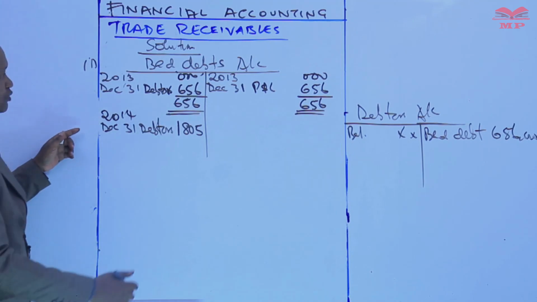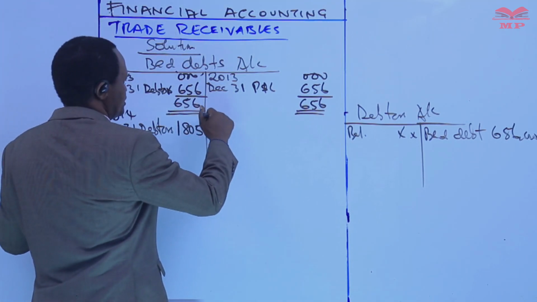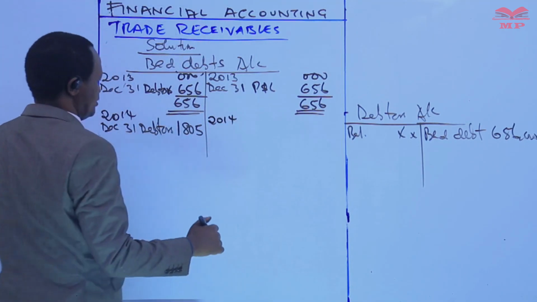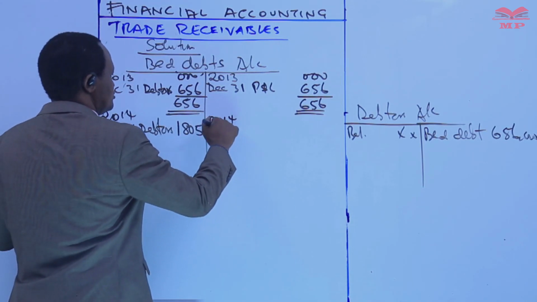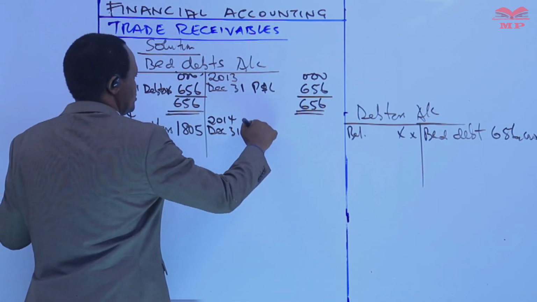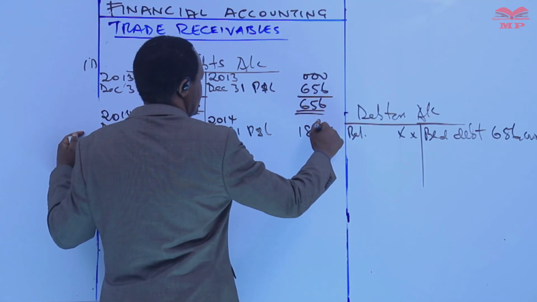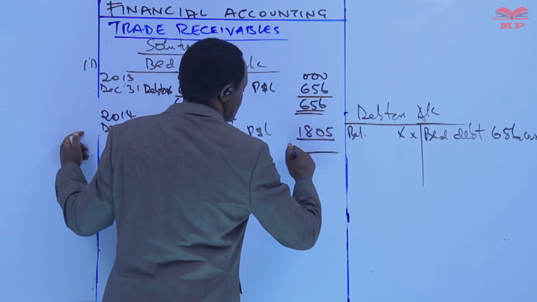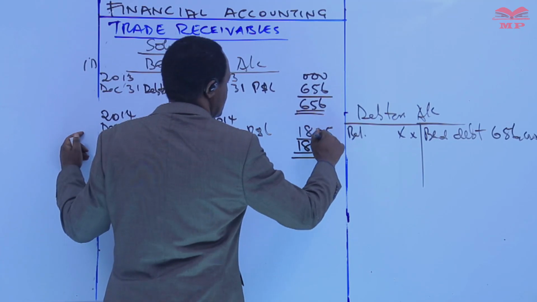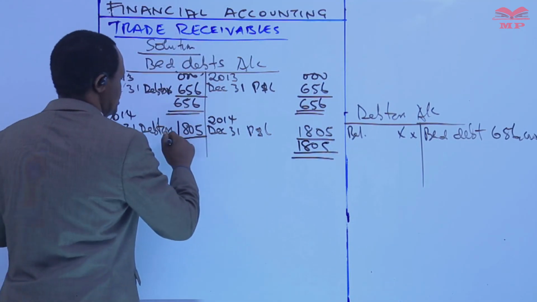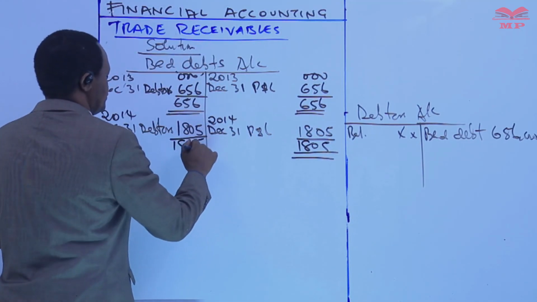Again, this we close to the profit and loss account. December 31, profit and loss account, 1805. We close that account.